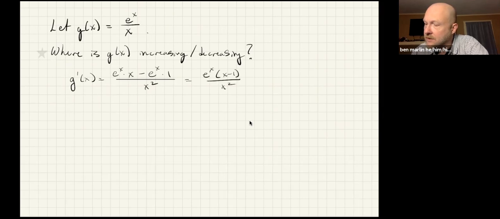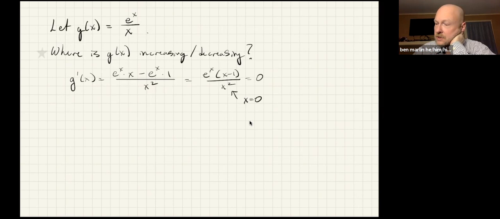Now, it can only change sign where either it's undefined or where it's equal to 0. If you look at that denominator, it makes it undefined at x equals 0.